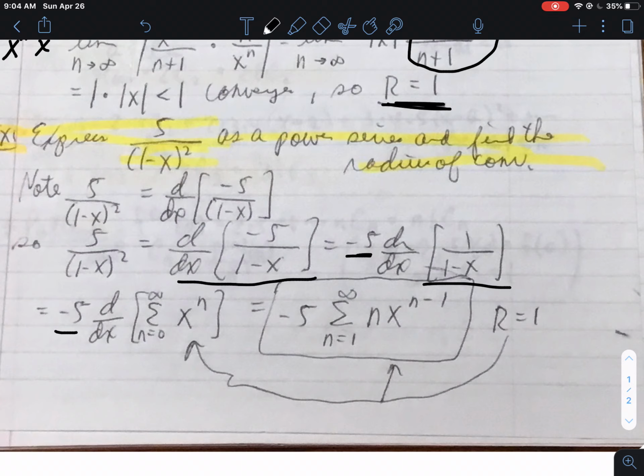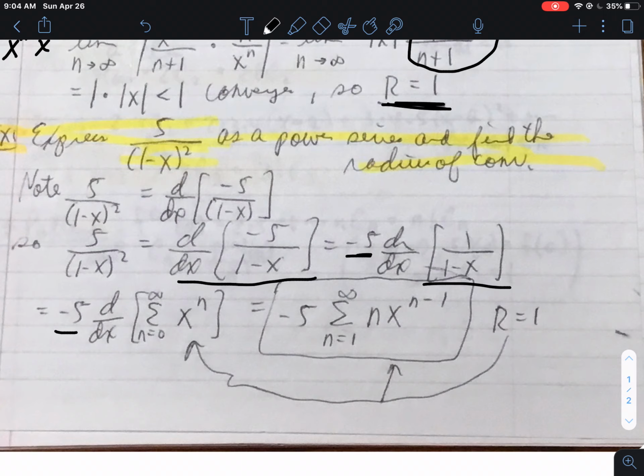So negative 5 times the sum as n goes from 1 to infinity of n times x to the n minus 1. And so, just using our power rule, increase there, multiply by the exponent, and decrease the exponent.